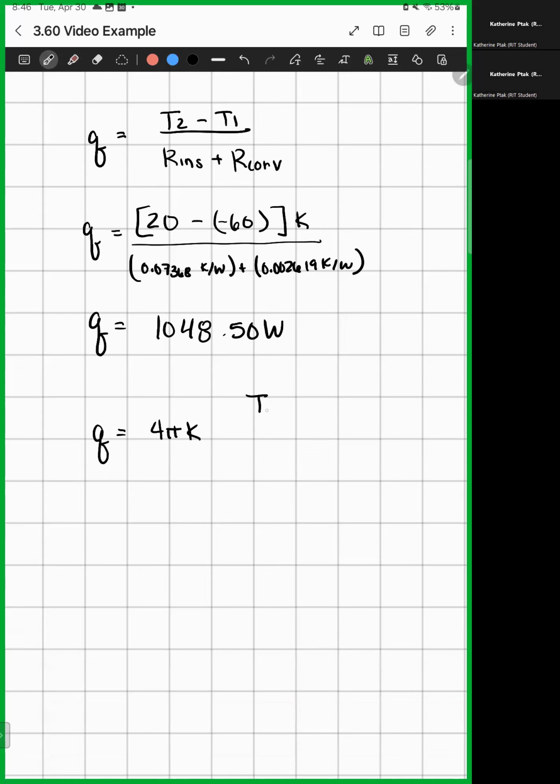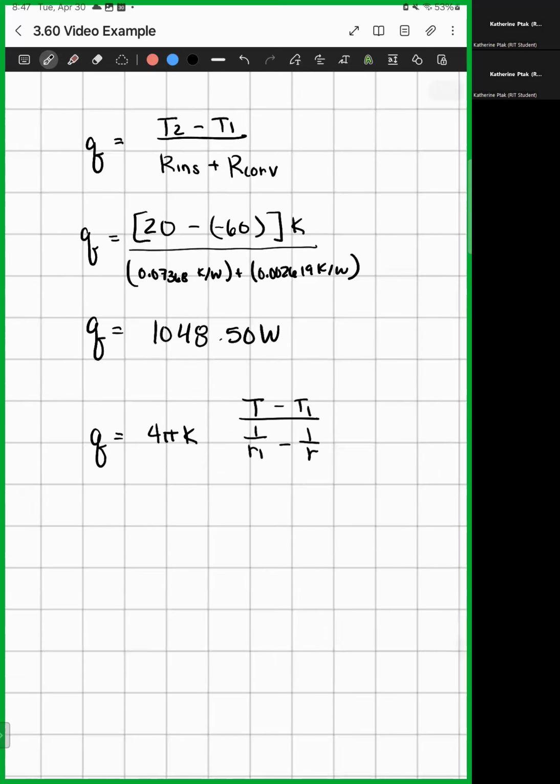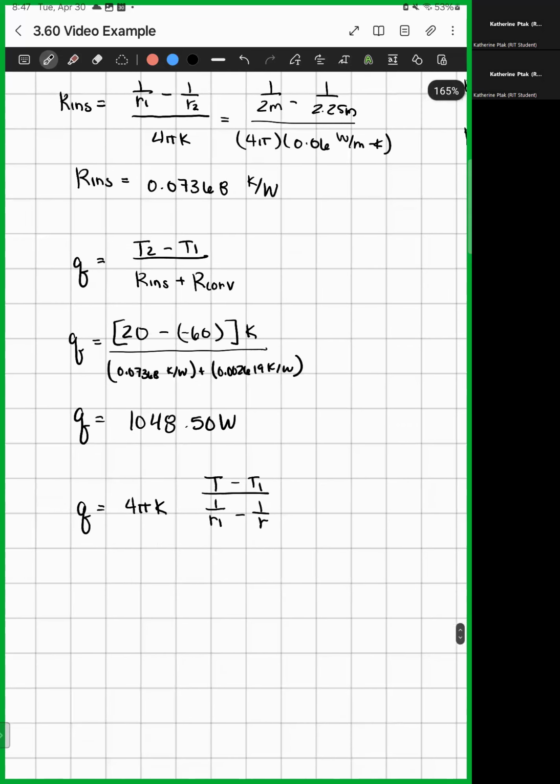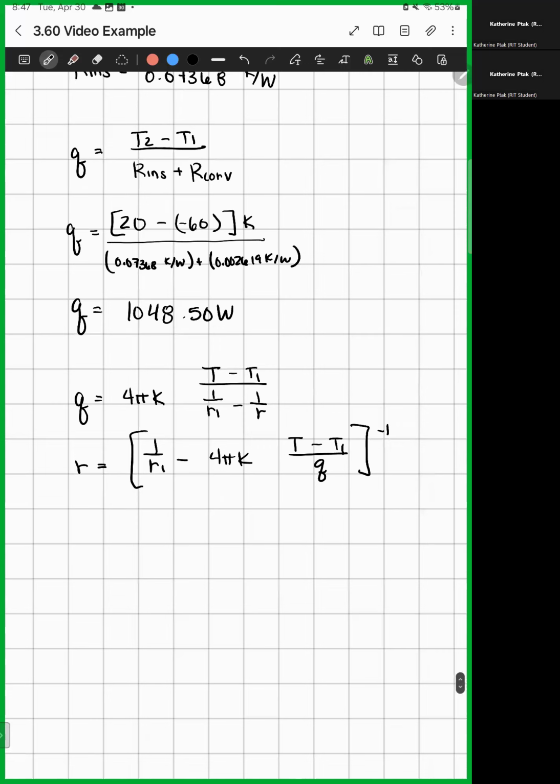So if you look it up, for a hollow sphere, we know that Q equals 4 pi K times T minus T1 over 1 over R1 minus 1 over R. So we've already calculated Q, we have K. We know it was given to us, T equals 0 degrees Celsius. We know T1, we know R1. We will just solve for R. So if you do a bunch of rearranging, you get R equals 1 over R1 minus Q over 4 pi K times T minus T1, all to the negative 1.